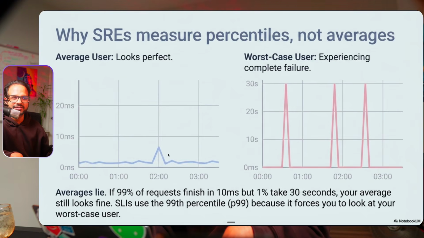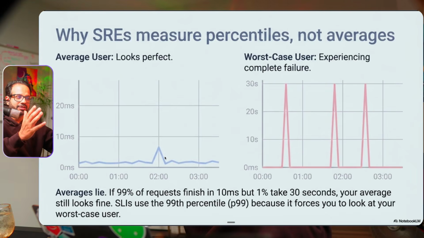And the graph is not showing any anomalies because only a few, like 1% of the users, are getting impacted. So 1% of the users are taking a long time, but this is an average of all the users, right? Because 99% of users are not facing any issues at all, it is considering average as healthy.